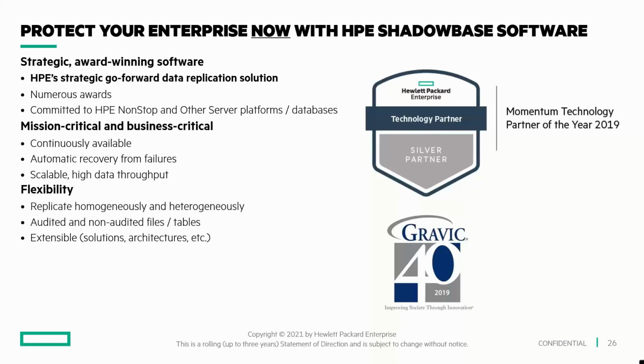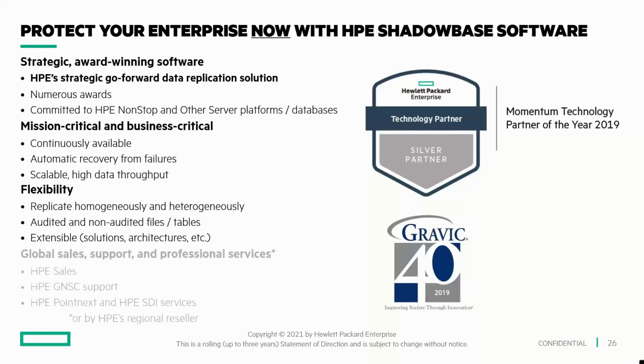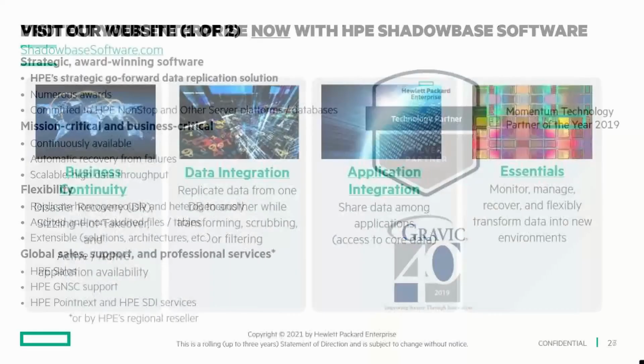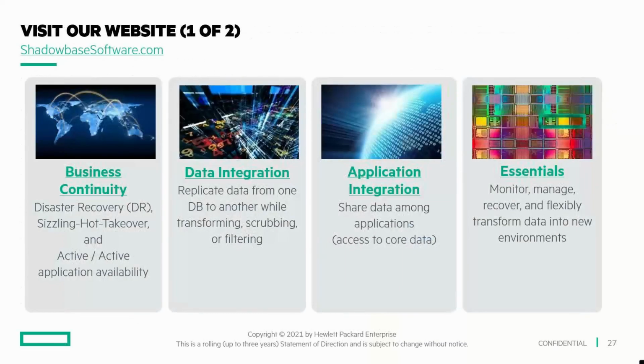It's extensible in its solutions and its architectures. Customers often buy it and then they start utilizing it more and they recognize great value with it. It's backed by global sales, support, and professional services from HPE, the GNSC, Pointnext, SDI, or HPE's regional reseller in some geos. Visit our website for more information.